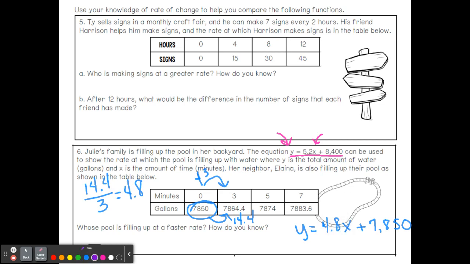So then it says whose pool is filling at a faster rate? Well, Elena's is filling at 4.8 gallons per minute, and Julie's is 5.2 gallons per minute. So Julie's is filling faster. Julie, okay? Because 5.2 gallons per minute is greater than 4.8 gallons per minute.